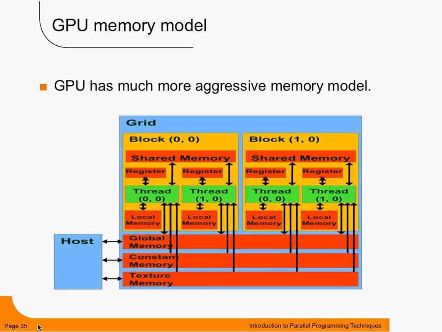When I'm done with some computation, it stores the value in the global memory. So we can access this GPU multi-level memory system: local memory, global memory, constant memory, texture memory, and so on.